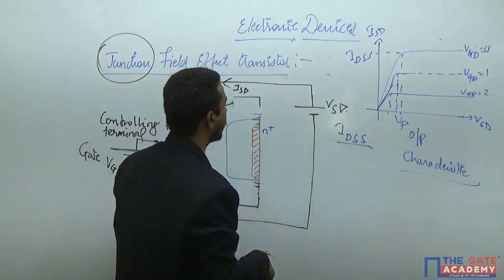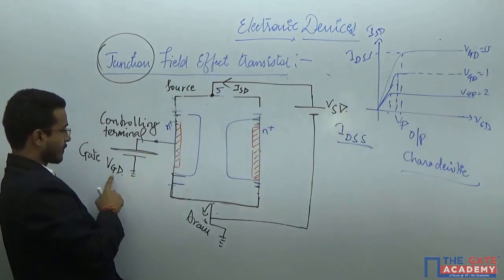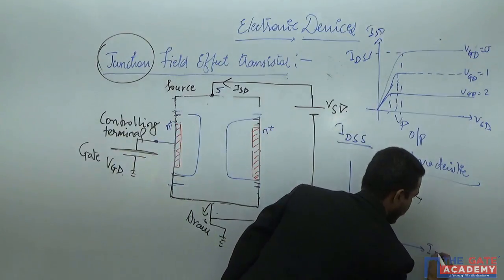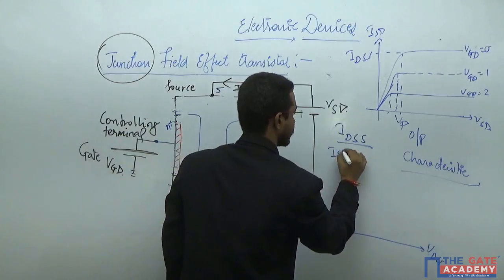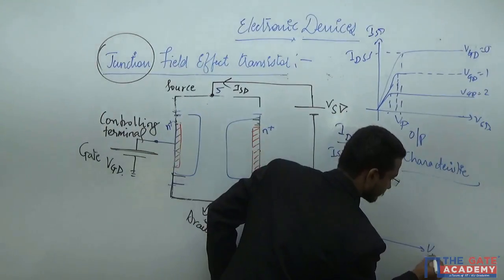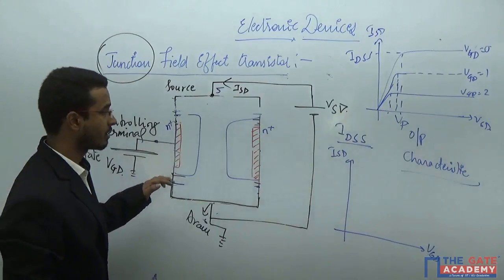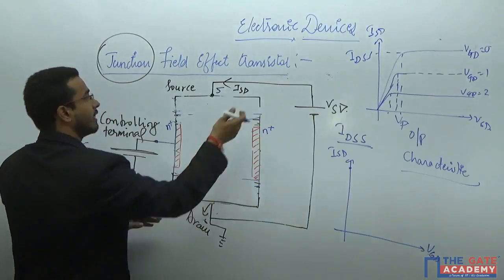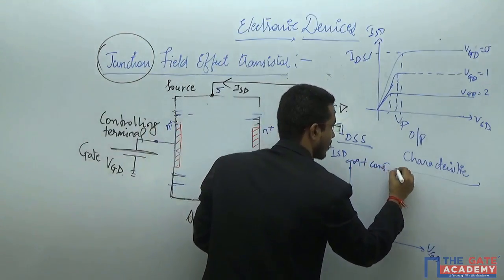Now I want to see how the current is changing with respect to this. That means ISD versus VDG. You know that if the value of VGD is 0, the current will be maximum, because you have the entire area, and this will be at constant VSD.